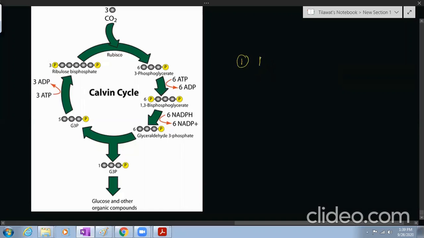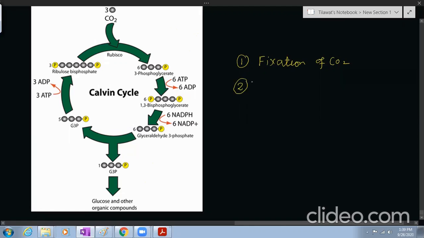The first one is fixation of carbon dioxide. Carbon dioxide will enter the stroma, right? And when it enters the stroma, it will react with ribulose biphosphate in the presence of RuBisCO enzyme, ribulose biphosphate carboxylase enzyme. Okay, so in the presence of that enzyme, it will convert into 3-phosphoglycerate.